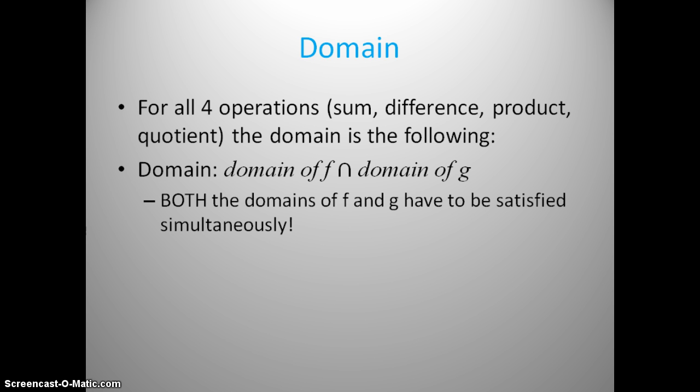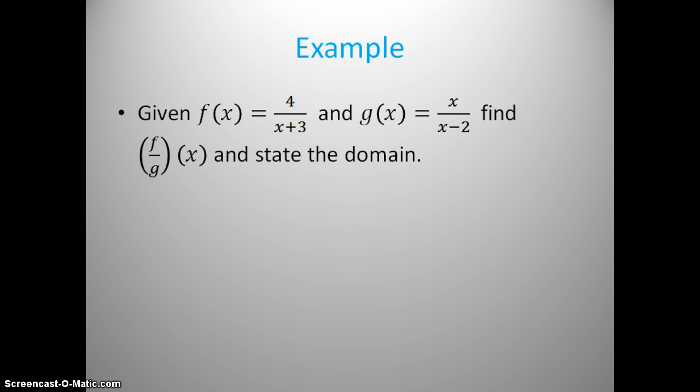Think of that as 'and' or 'both.' That means both of the domains of f and g have to be satisfied at the same time. The only caveat is that for the quotient, the function in the denominator can also not be 0. So we're going to look at that case because that is the toughest case to think about.